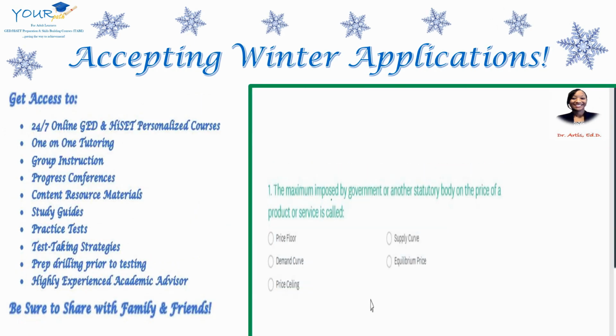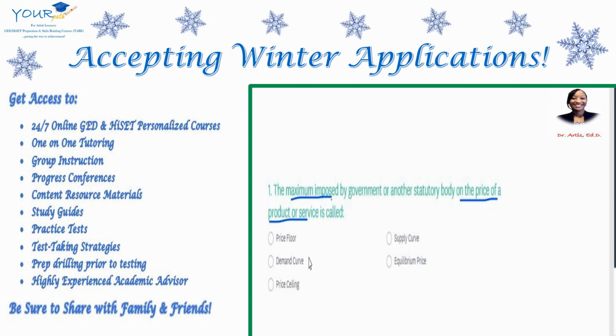As we look for key information in our test item, we have the words maximum imposed on what? On the price of a product or service. This means that it is the maximum price for which a seller can sell a product or service to its consumer. It is also known as the price cap. Now we can look at our 5 options.